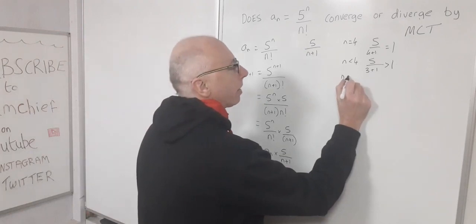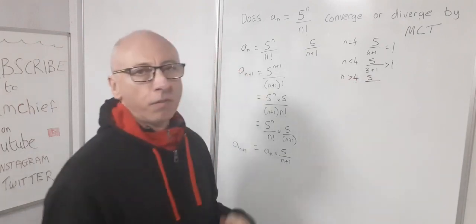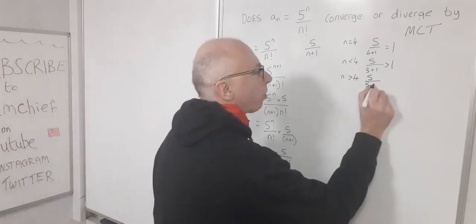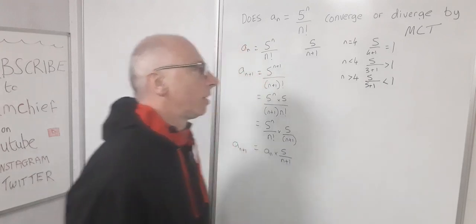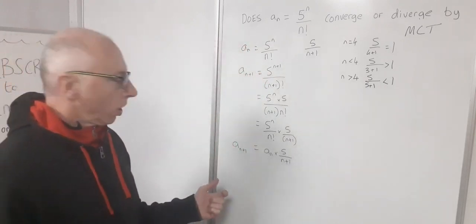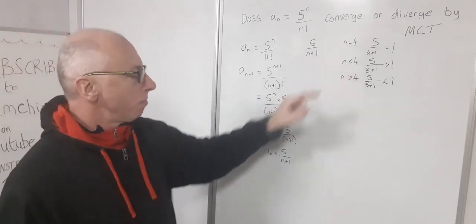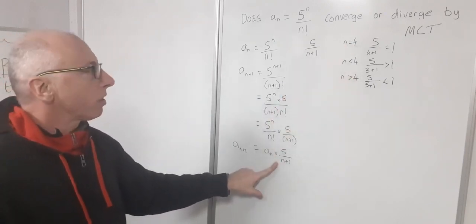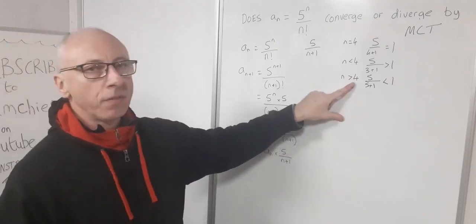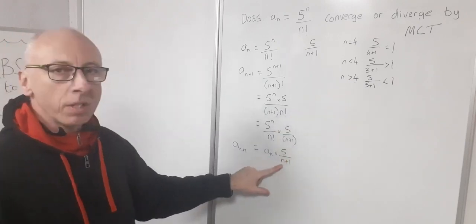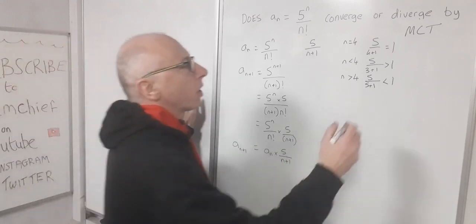Now if n is greater than 4, then we'd have 5 over, for example, 5 plus 1, in which case this would be less than 1. So what we conclude is that if n is 4 or more, this sequence is consistently decreasing. And if n is 5 or more, then this sequence is strictly decreasing. So that's the first thing we can come to a conclusion on.